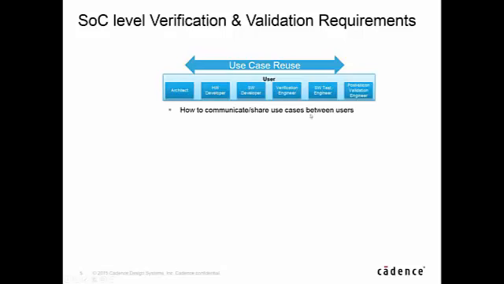The first is, how do we communicate and share use cases between users? How do I let my experts in power management describe use cases that fully exercise the legal power states and transitions of the system, and then hand that off to the people that understand the coherency capabilities of the system and capture the use cases around coherency and communicate those between different users?